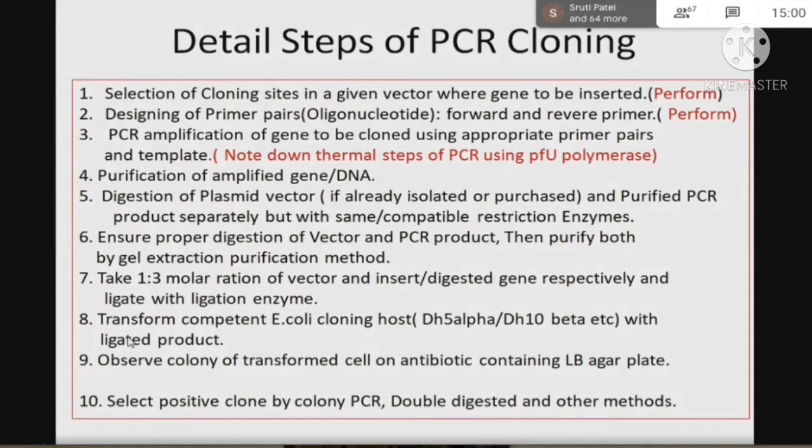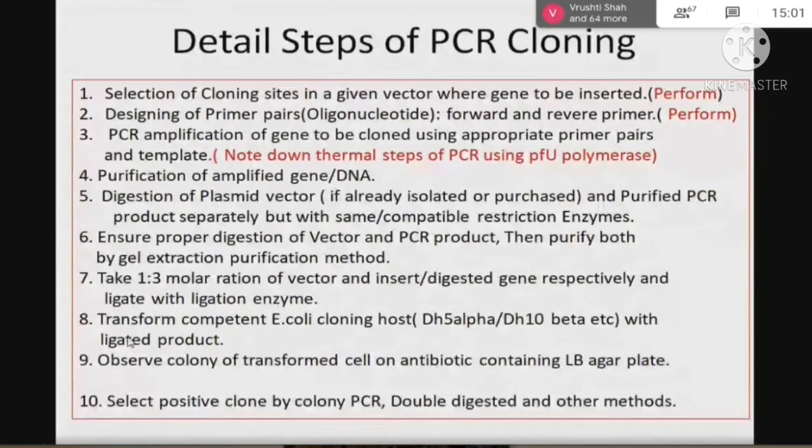So we separately digest our plasmid and then the PCR amplified product. After digestion, we purify again the digested plasmid, as well as the digested desired gene.